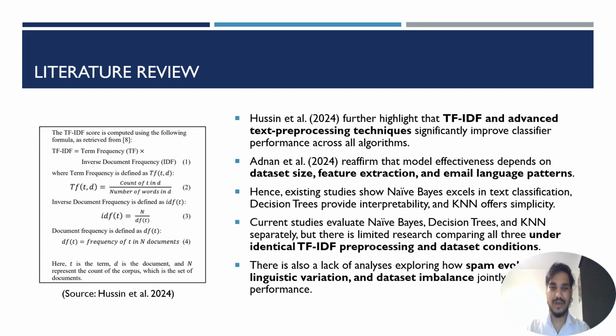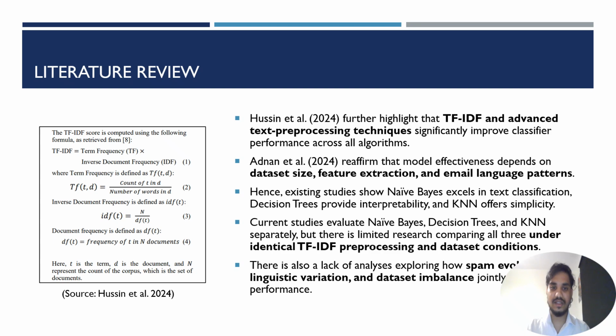Overall, existing studies consistently show that Naive Bayes performs exceptionally well in text-based classification tasks, whereas decision tree offers clear interpretability, and K-nearest neighbors provides simplicity, though with higher computational cost.